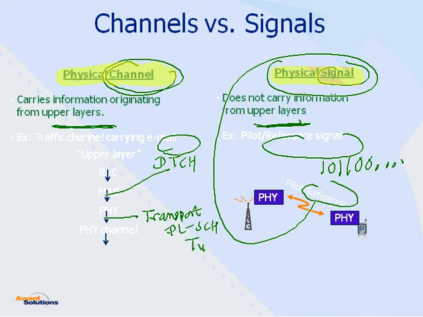And we will protect it in a certain way, for example, turbo coding, one way to protect information. And then the physical layer will give you the physical channel by mapping the transport onto a physical channel, which is the physical downlink shared channel in LTE. Don't worry about the acronyms. You have the PDF file, so you can look up whenever you wish. So that is the difference between the physical channel and physical signal.